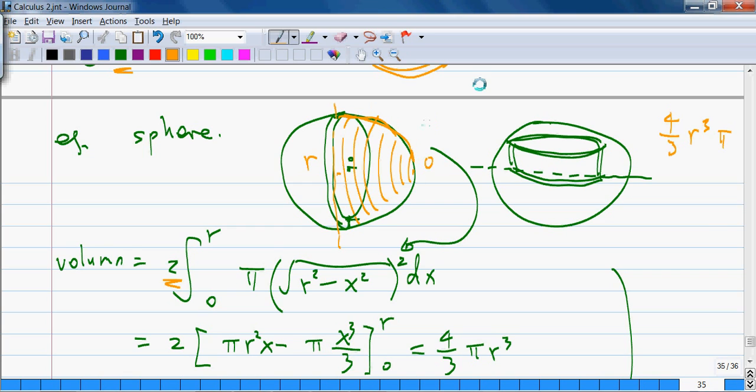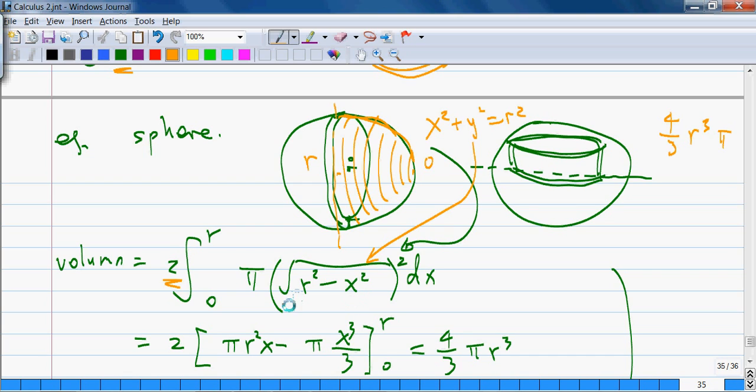You should know that the equation for a circle is x squared plus y squared equals r squared. If you invert it, you get the square root of r squared minus x squared as a function of y.